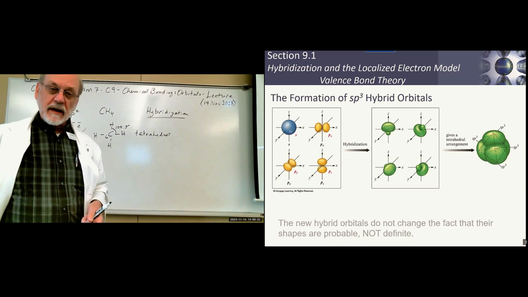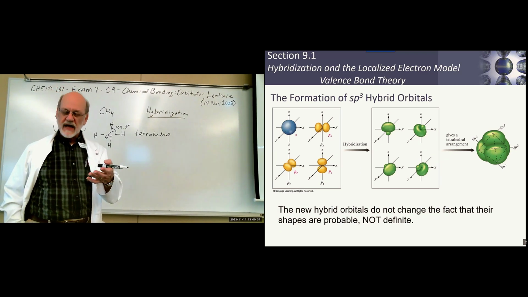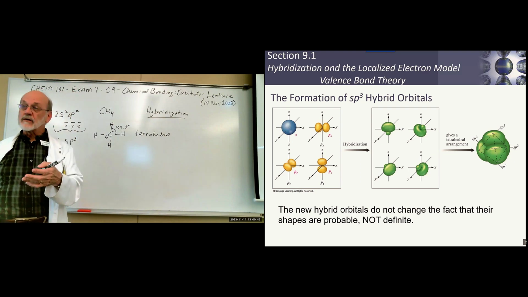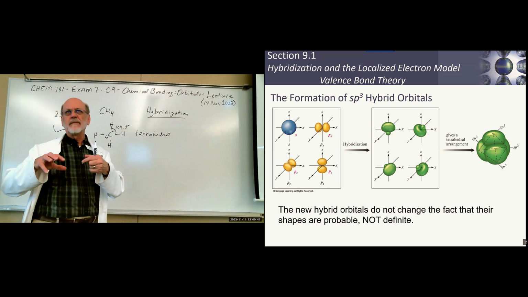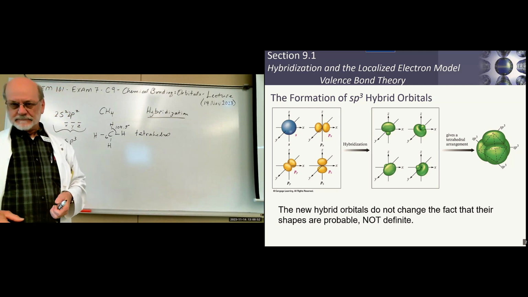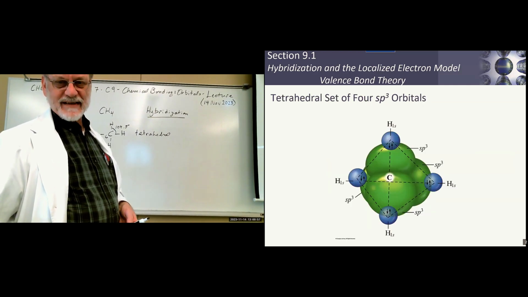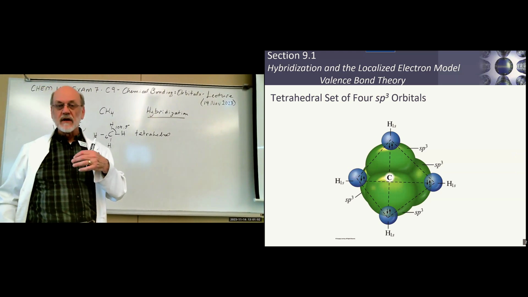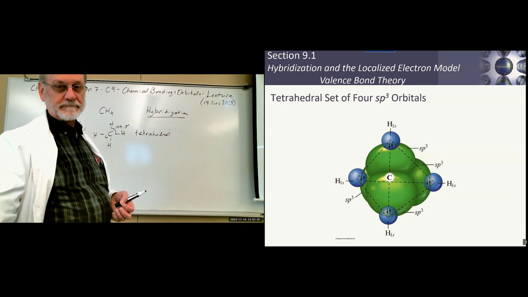So those atomic orbitals on the left go into making the hybrid orbitals on the right. And that's what the quantum mechanical equations spit out: that distribution, that orbital shape and direction. Now as the bond forms, you get that hybridization and you get the structure that we need, which is a tetrahedron.